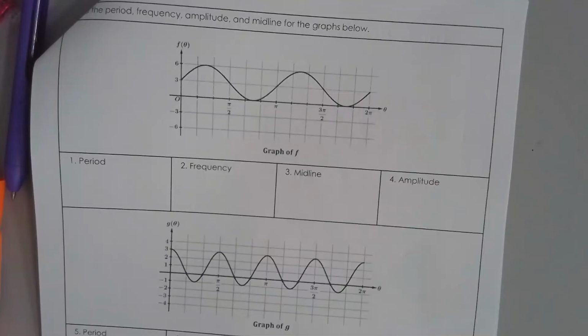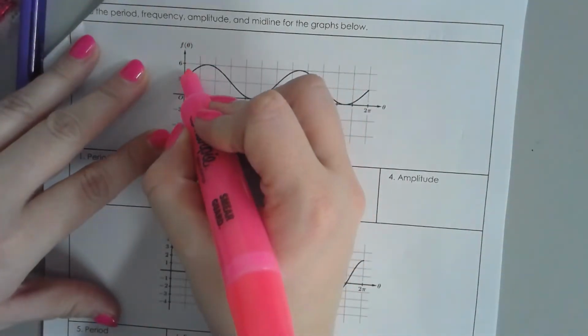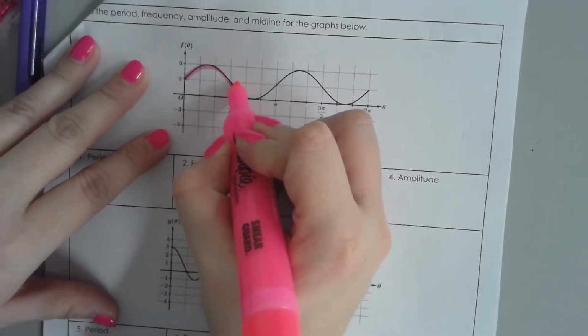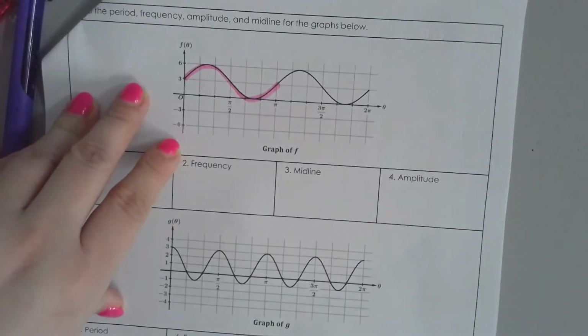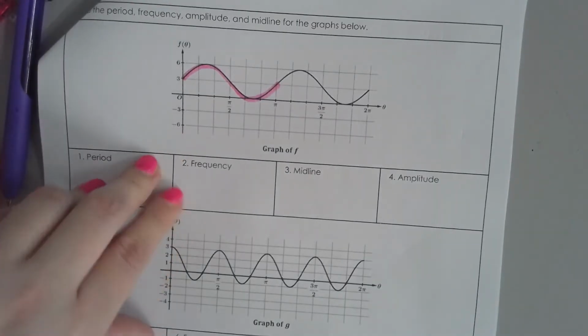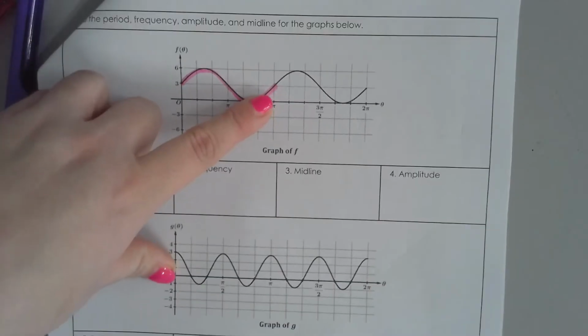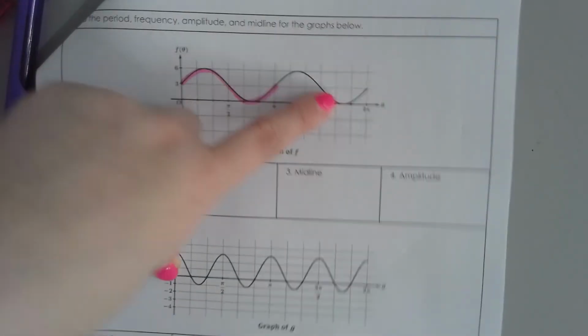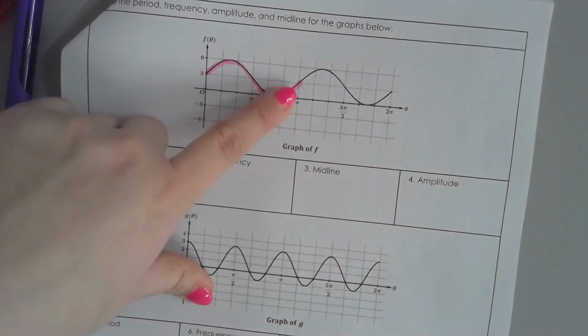So period, if I start here and I go down, I'm going to end about right there. Do you agree that where I stopped highlighting, what's left is that same thing? So that's one period right there.